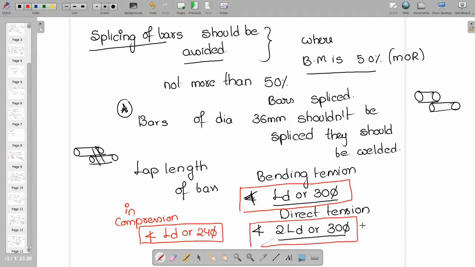This is in case of direct tension. This is in case of bending tension. And this is in case of compression. Clear, students? You have to remember all these things.